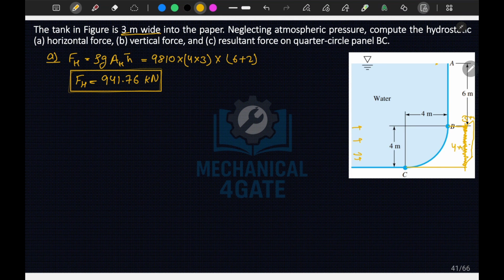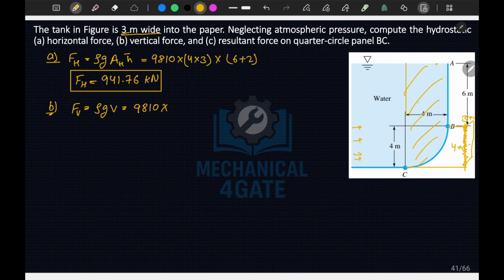Now if I talk about my vertical force, part B, that is Fv. Fv is the weight of the fluid above this. So this total weight will be given by rho g V, where rho g is 9.81 into 10^3, into volume.